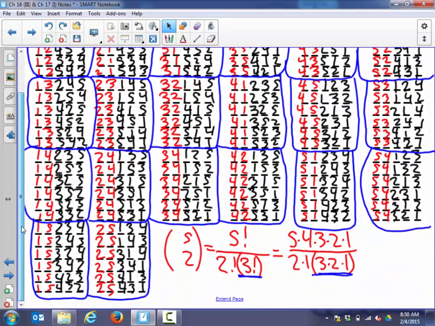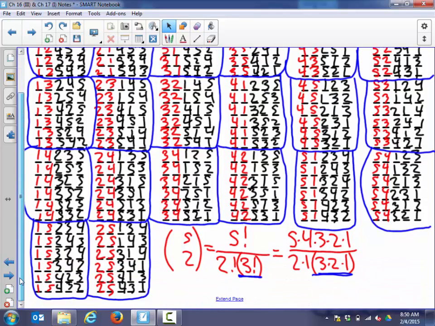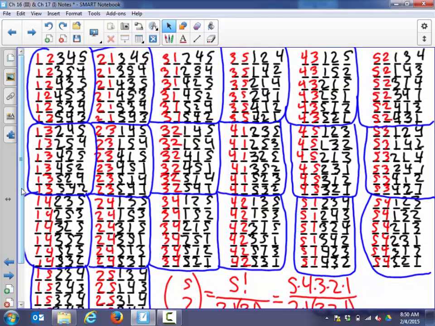What you've got on the next slide is busy, busy, busy. What's going on here is that you have 120 rows of 5 slots. So you've got upper left here, 1, 2, 3, 4, and 5. That is one way in which you could order 5 objects. Then that's followed by 1, 2, 3, 5, 4. Then it's followed by 1, 2, 4, 3, 5.